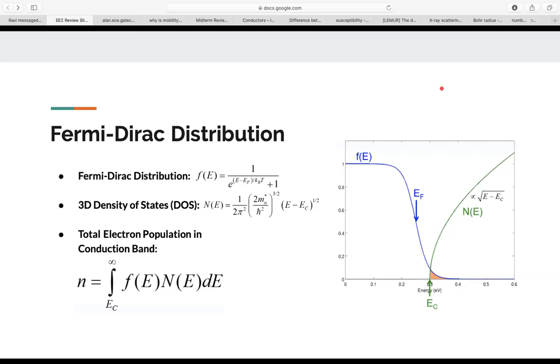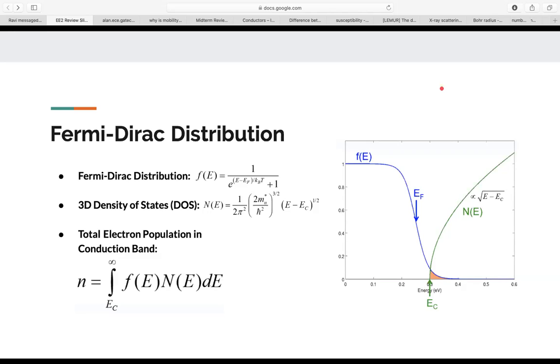Here you can see EC, which curves towards the right, and then there's another one not shown in this graph, EV, which is essentially a negative version of this, like the square root of EV minus E. When you take the integral of the Fermi-Dirac distribution multiplied by the density of states equation, the area underneath where those two graphs intersect essentially tells you how many particles are in that band or in that region.